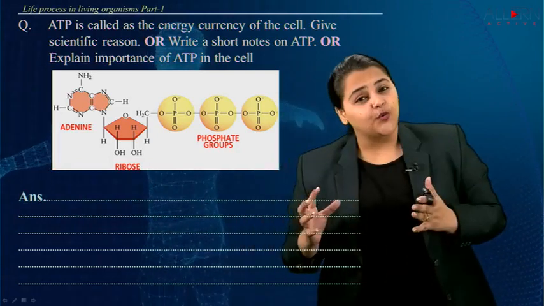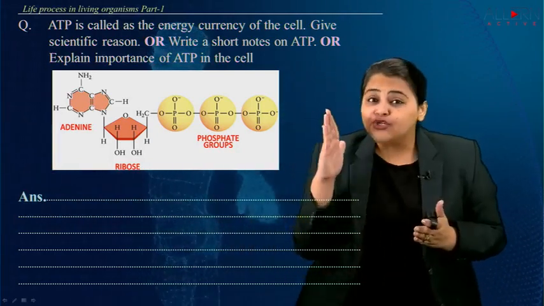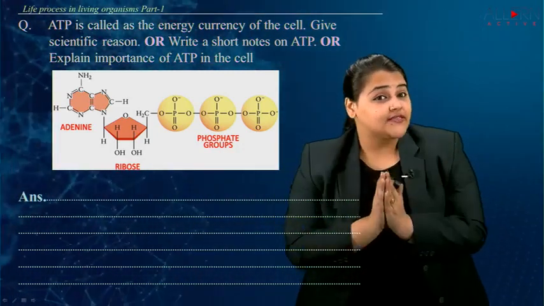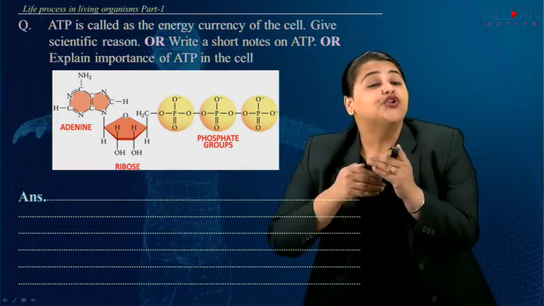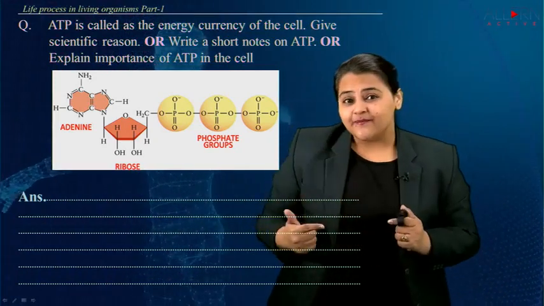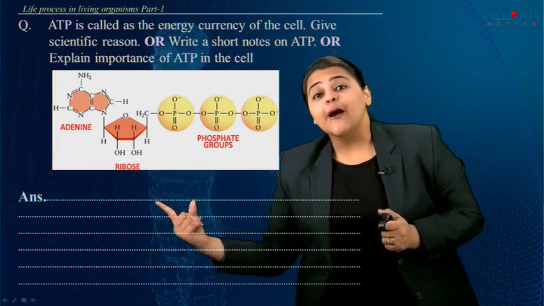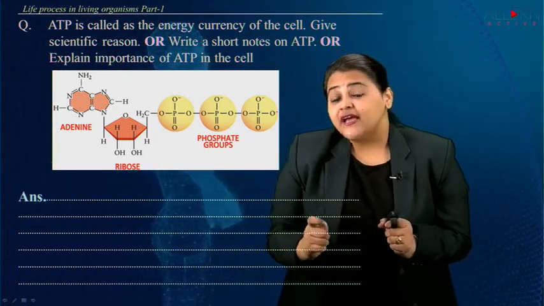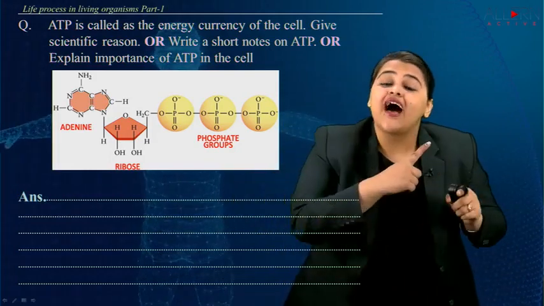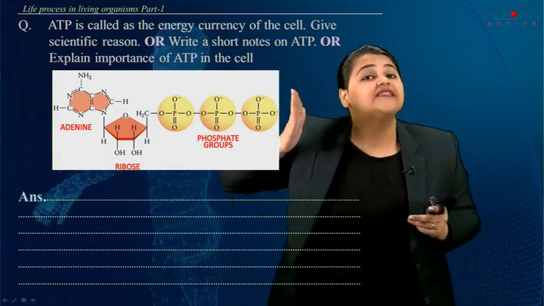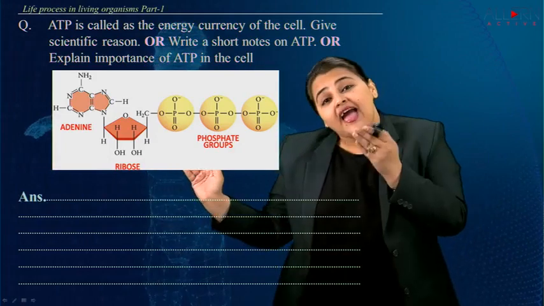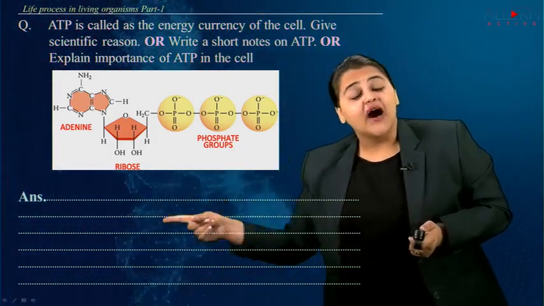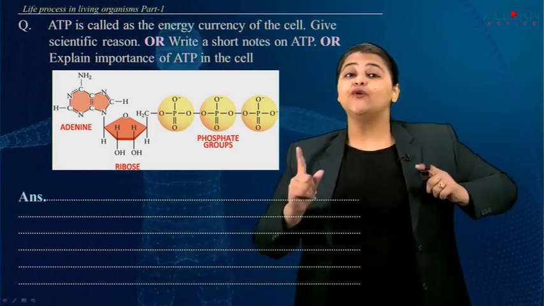Now, we know that a nitrogenous base, when combined with a sugar, is called a nucleoside. So when adenine combines with ribose, it is called adenosine. So the nucleoside here will be adenosine. This adenine combining with ribose gives me adenosine.